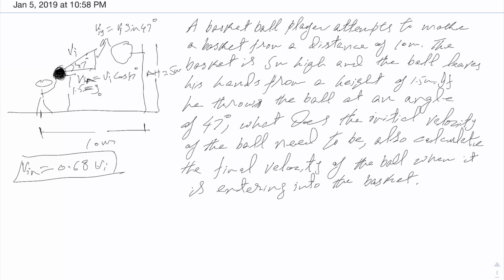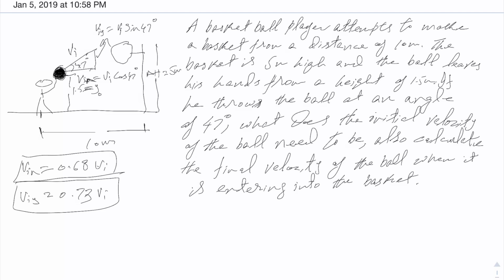And the y component of the initial velocity, viy, will be 0.73 vi. So this is the information we have for the x component and the y component of the initial velocity.